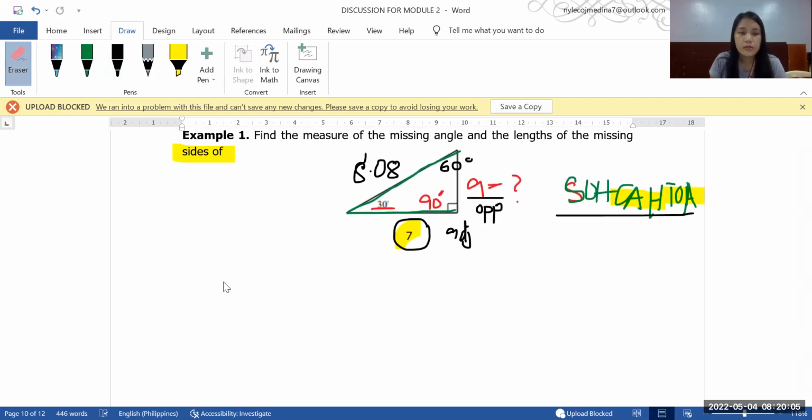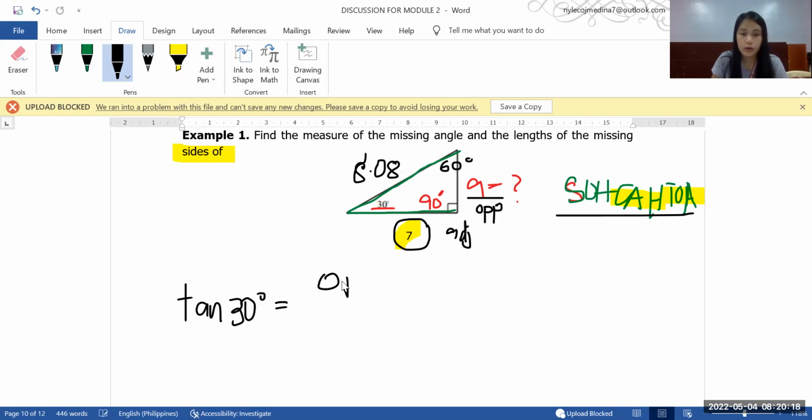Okay, so your tan 30 is equal to your opposite over adjacent. The opposite is A, and the adjacent is 7.